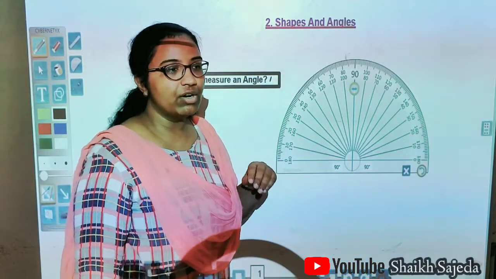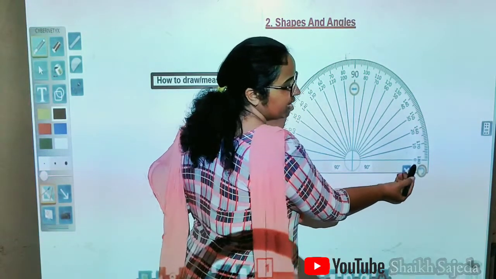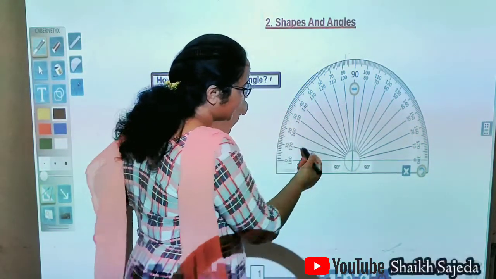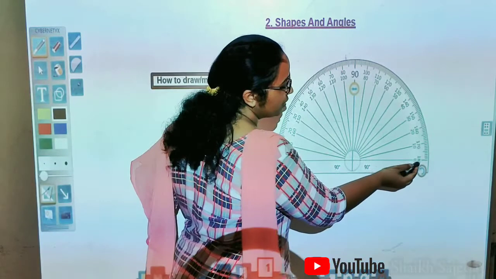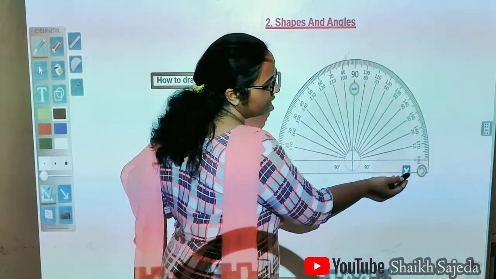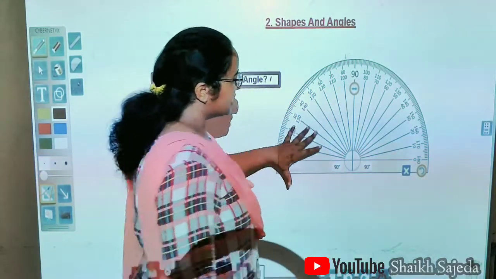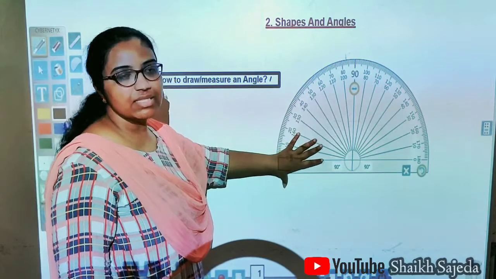Whenever we are drawing or measuring an angle, we have to use the reading that begins with 0 from the right side and ends at 180 degree at the left side. We don't have to use these numbers. We have to use the inner side numbers that begin with 0.